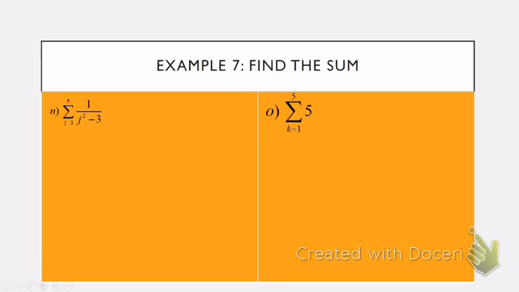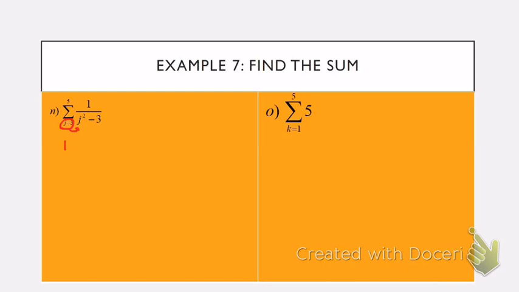We're going to use summation notation to help us find the sum. So instead of listing the first 5 numbers or the first 4 numbers or the first 3 numbers, we're going to find those numbers and then add them together. Whatever you see on the bottom is the lower limit, that's the first number that you plug in for j.